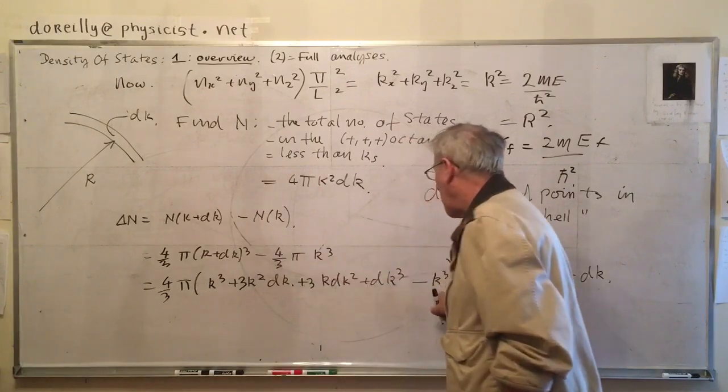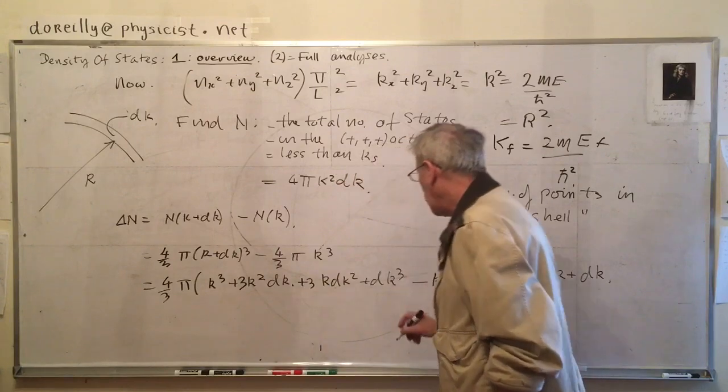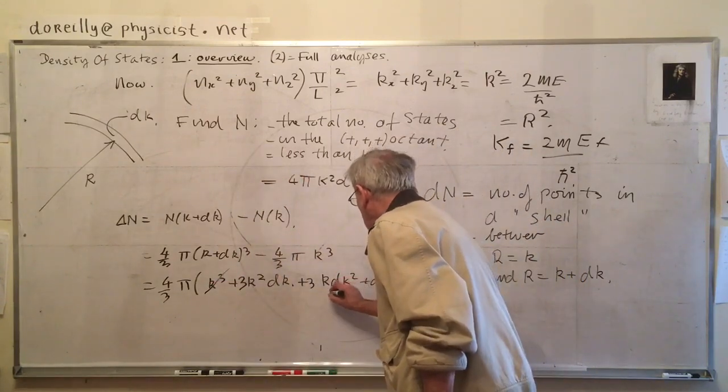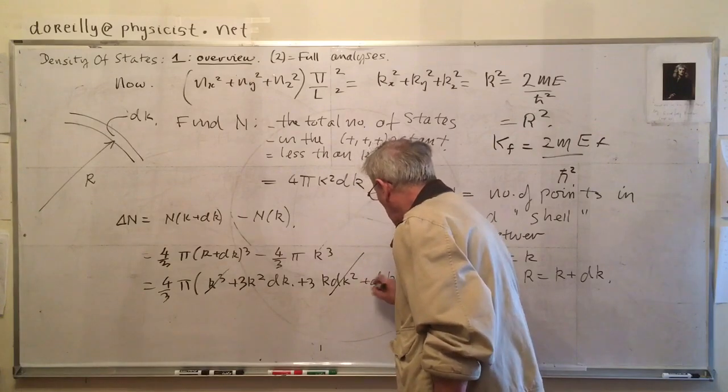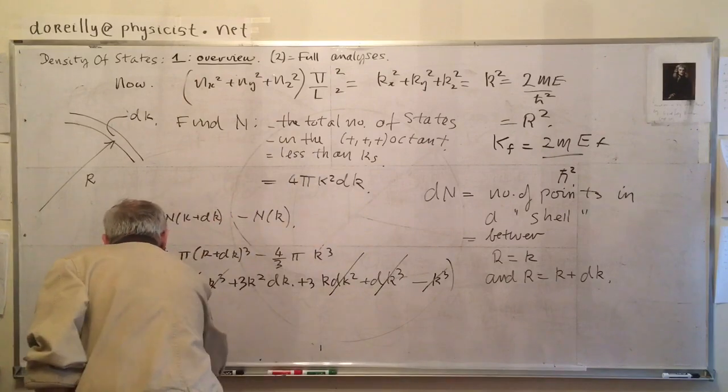And we have to subtract that. Okay, so that's what we get when we cube this object here. Let's see what happens. This cancels. This is very small, order dk squared. This is very small, order dk cubed. So we're left with this.